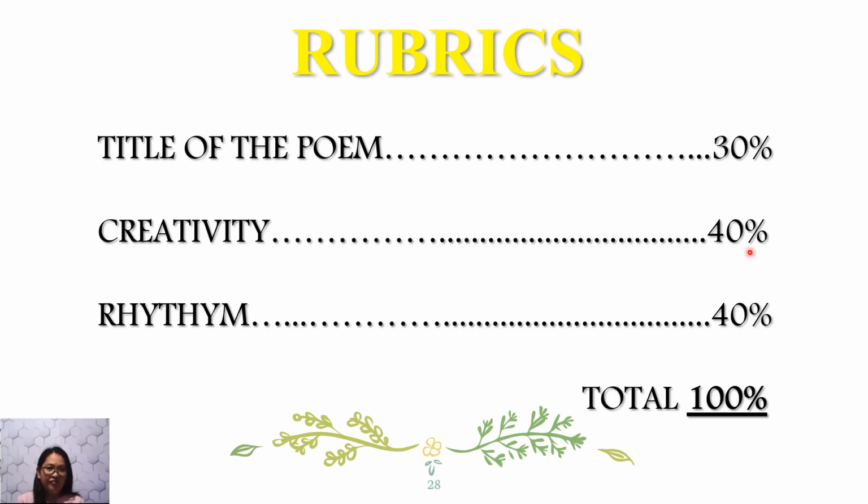If the poem uses unique metaphors and similes to describe situations, objects, and people, that is equivalent to 40%. And last criteria is rhythm. If the poem uses rhythm throughout which benefits the poetic tone, that is equivalent to 40%. So for a total of 100%.